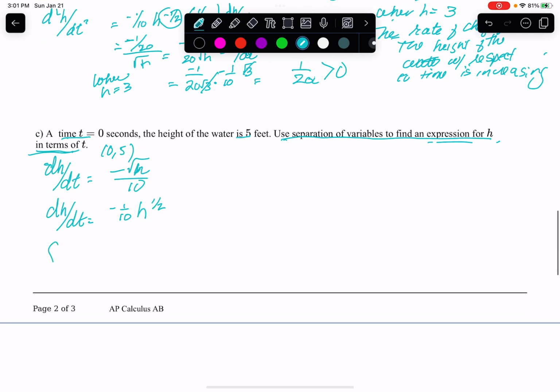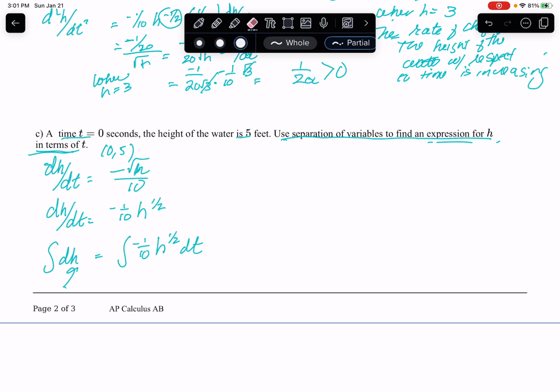Okay, so separate. So we have dH is equal to the integral of negative 1/10 h to the 1/2 dt. I don't think I did that right, because h should be on the other side, because h goes with this.